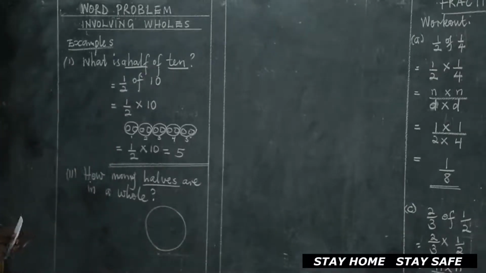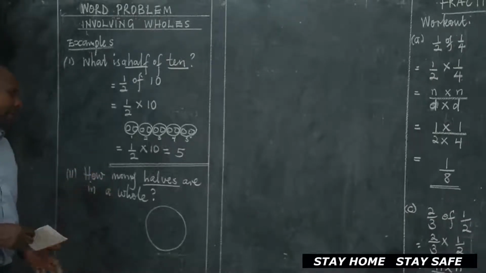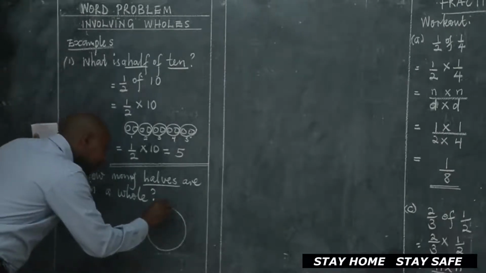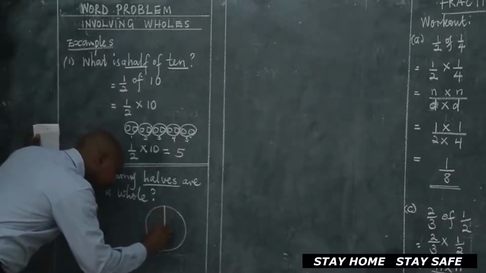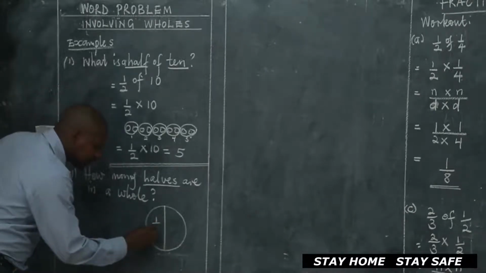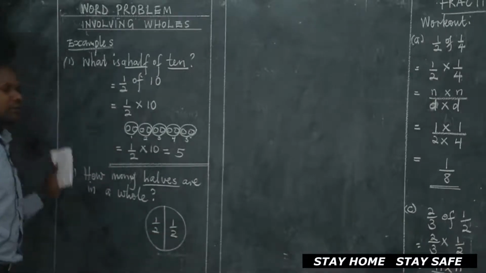This is a whole. But they are telling us, let's find how many halves. That means we get this whole and we divide it into 2. This is a half of this whole, and this is another half of this whole.